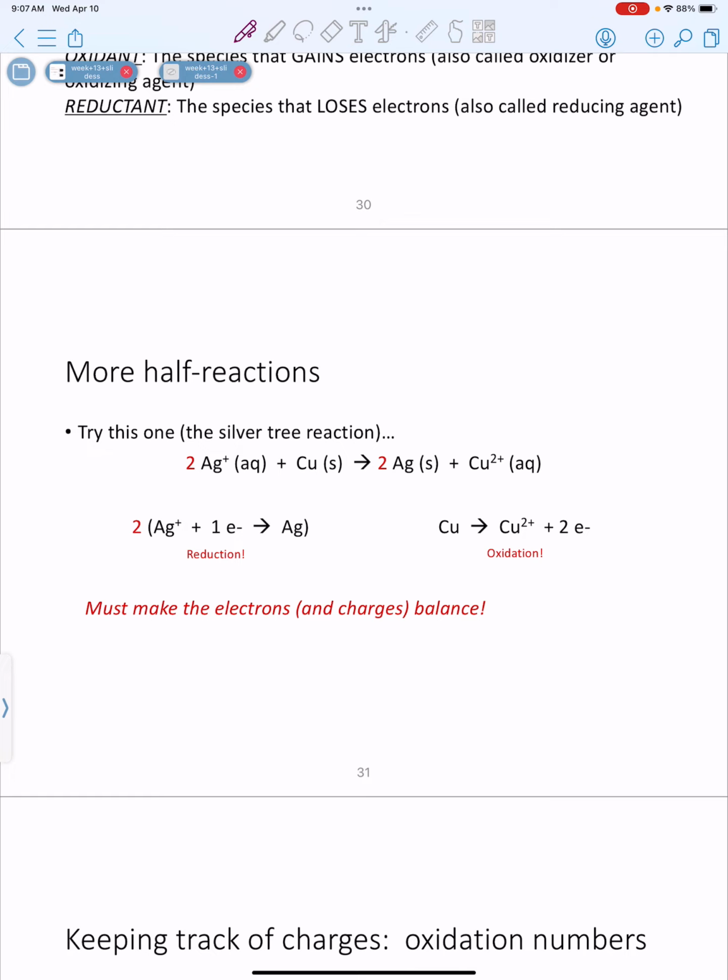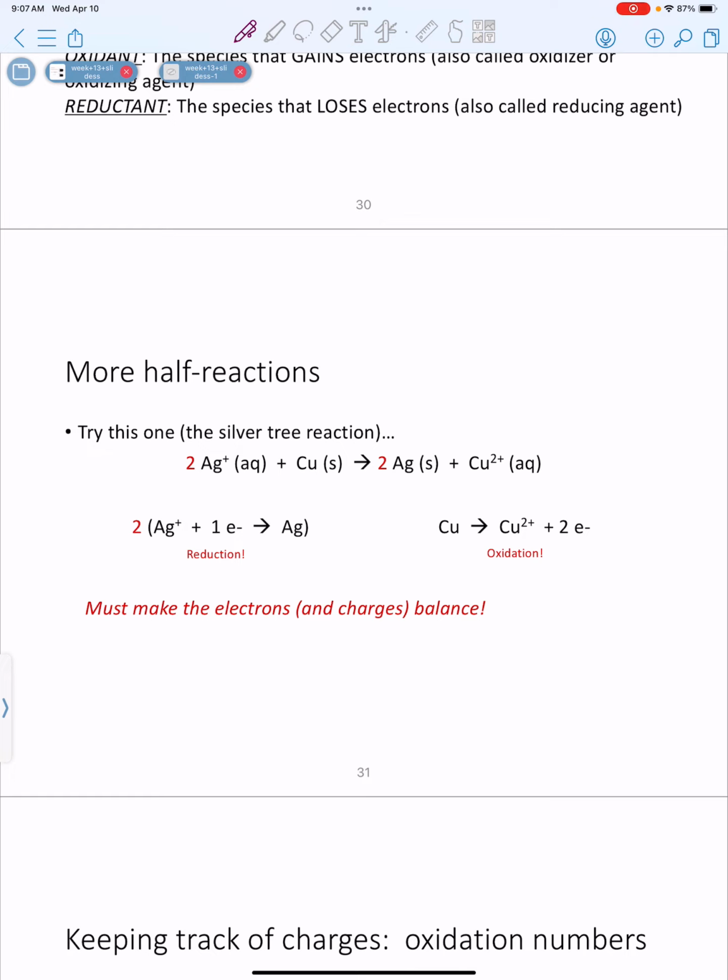Oxidation numbers are a way to keep track of electrons by treating just about everything like an ion. So in a way, it's the same kind of idea. We want to see how positive or negative atoms feel, but we're going to come at it from an ionic perspective, as opposed to coming at it from a covalent shared electrons Lewis structure perspective.